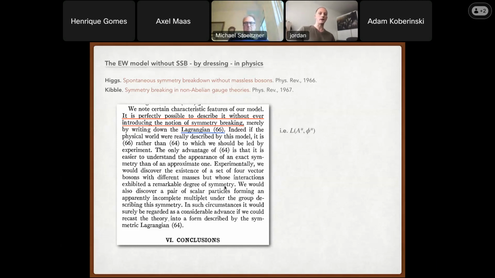But he said, okay, maybe the only advantage of the gauge version, the bare version, would be that it might be regarded as an advance, right? Because we would remark that there are high degrees of symmetry in the interaction given by this Lagrangian. So in my view, it is either a great advance, perhaps, or a puzzling accident, right?